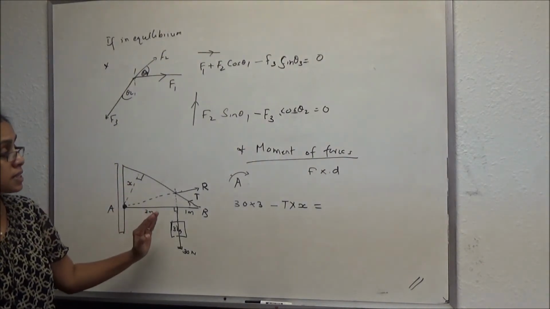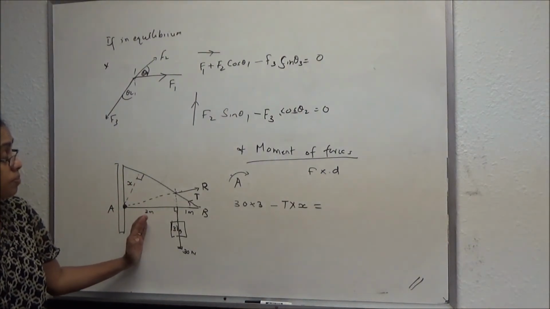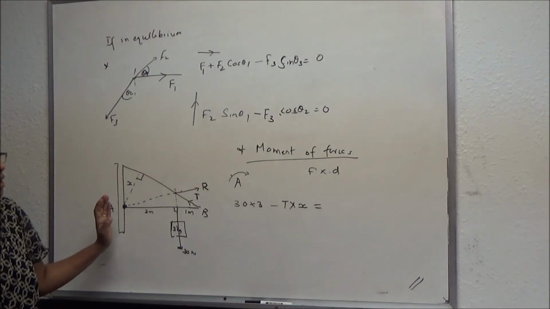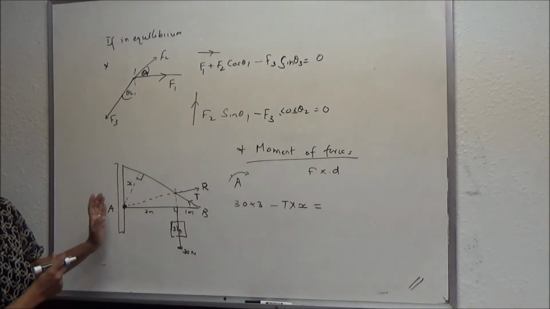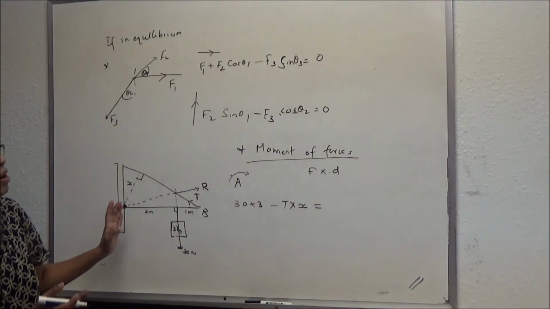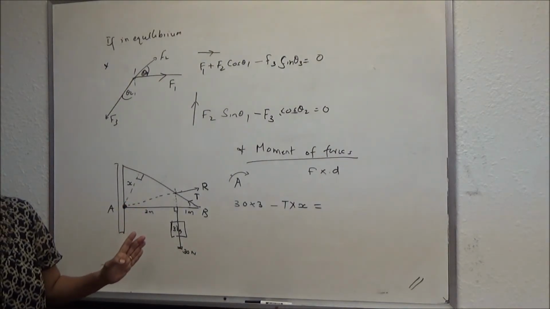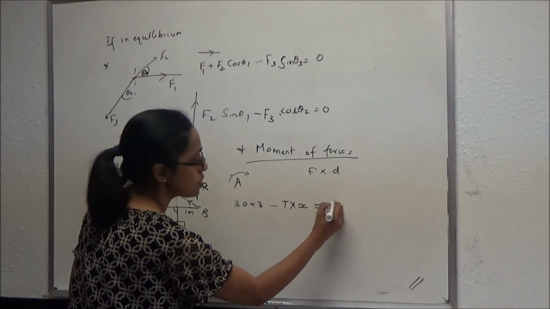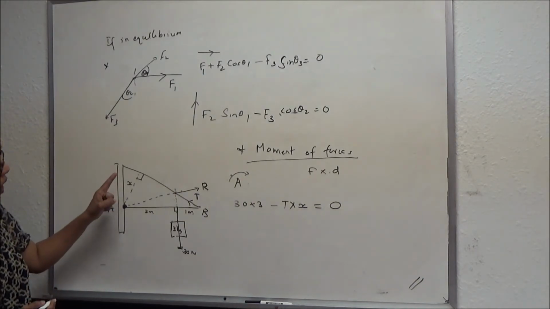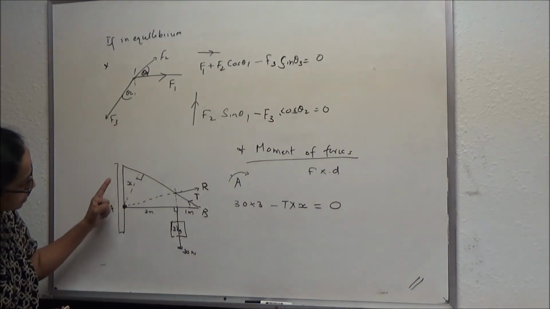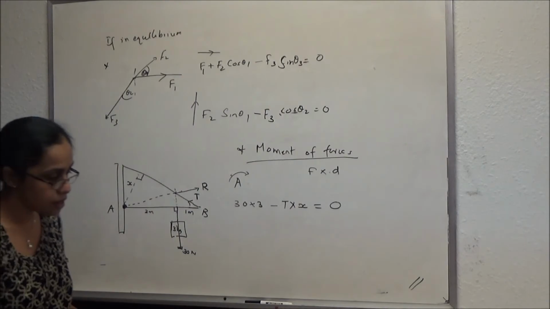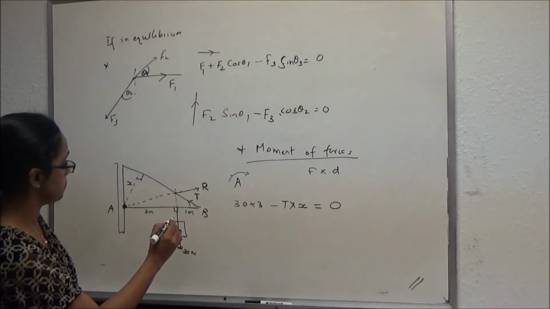Alright, so if a system is in equilibrium, the algebraic sum of the moment of forces should be equal to 0. Okay, so this is equal to 0. Now what should be x? What should be x? This angle is 30.